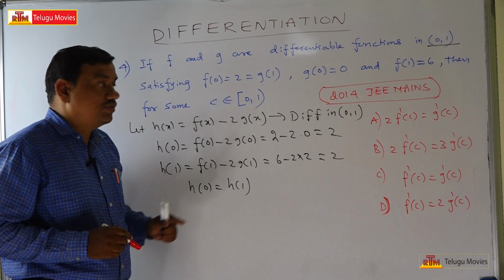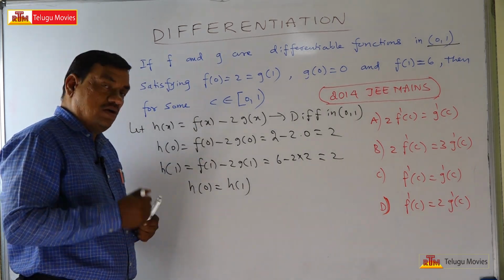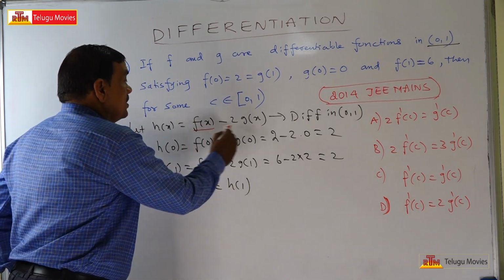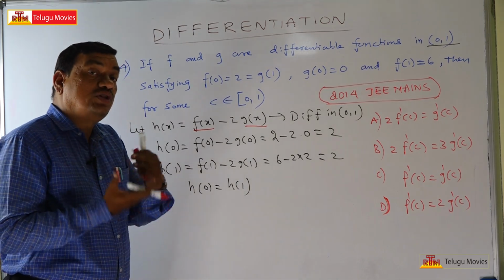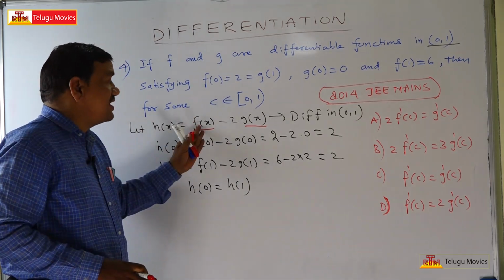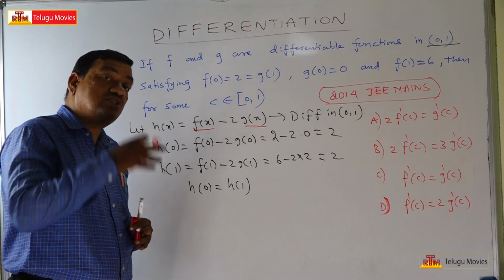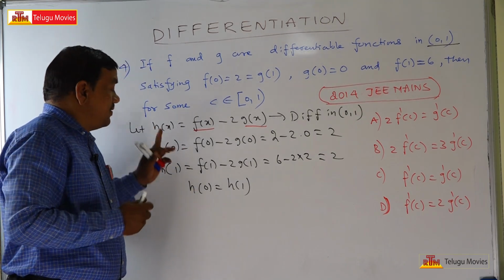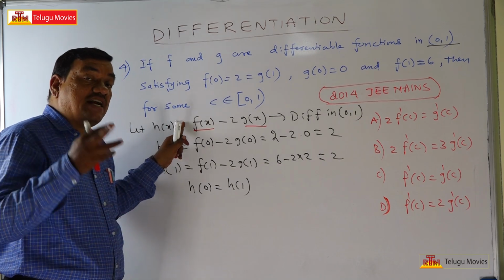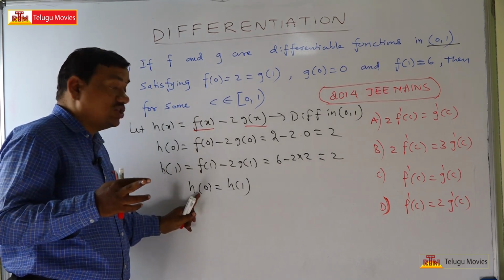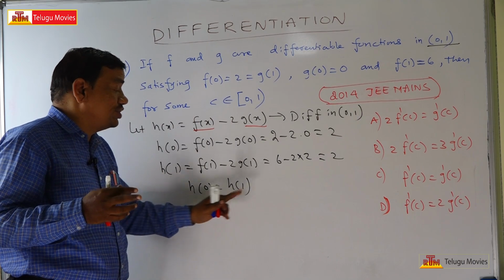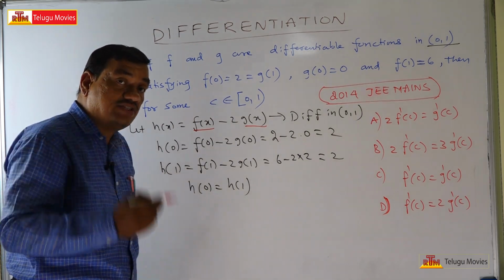That is the thing you have to do. That means f of x is differentiable, g of x is also differentiable. Their algebraic sum, that means a times f of x plus or minus b times g of x, is also differentiable. And the first two conditions are satisfied in Rolle's theorem. And the third condition, h of 0 is equal to h of 1, is also satisfied.